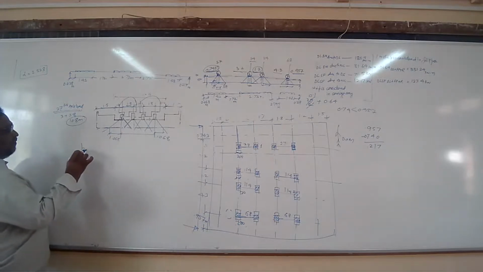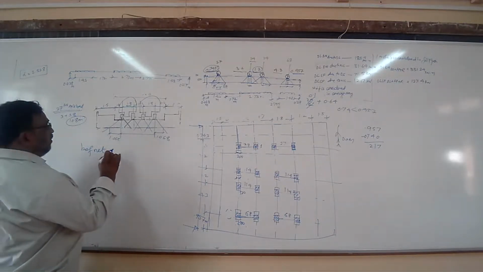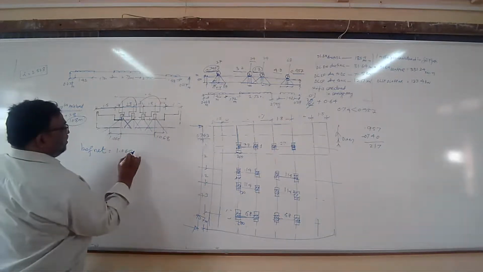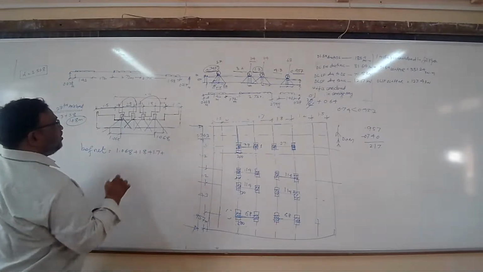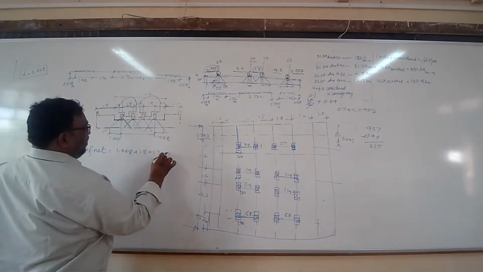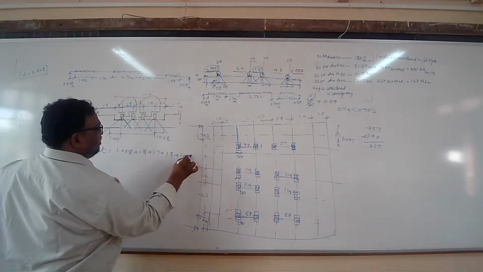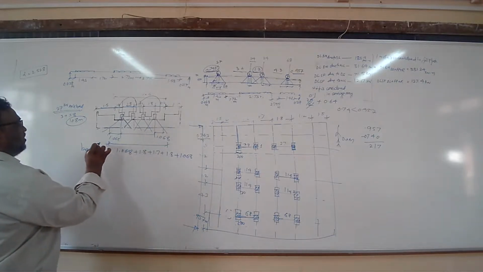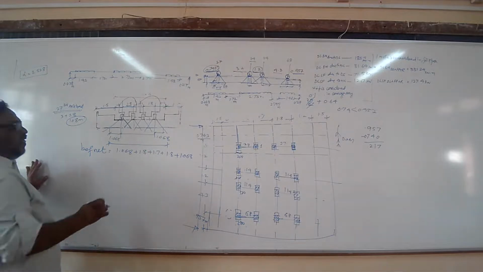How much is B effective net? That will be equal to 1.068 plus this 1.8 plus this 1.7 plus this 1.8 plus 1.068. This is the net effective width on which the dispersion effect of this load will be.